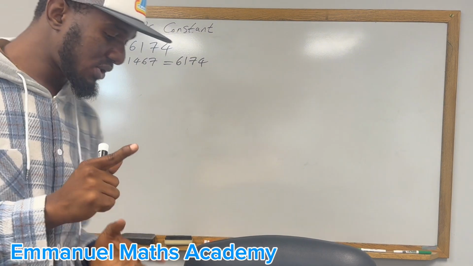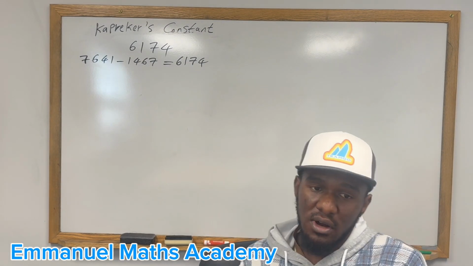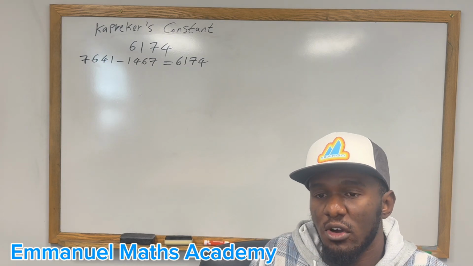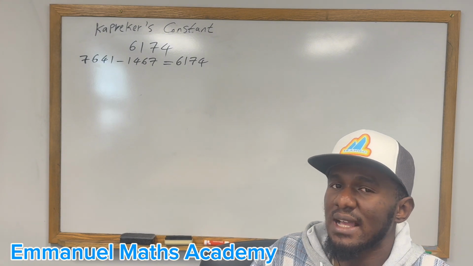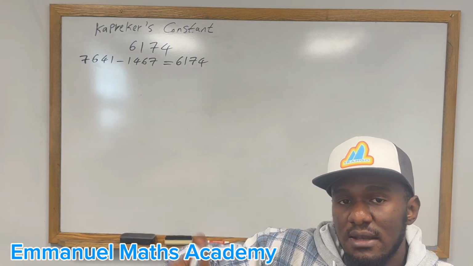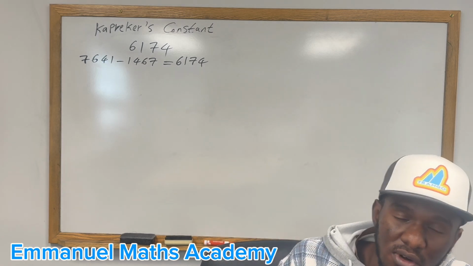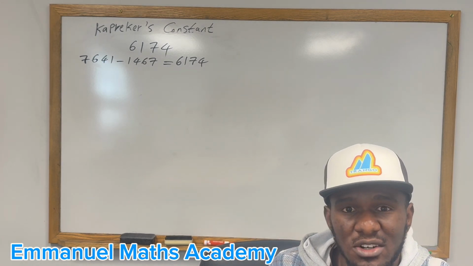It might not give you 6174 in the first iteration, but before you get to the 7th iteration, you get 6174. Right?